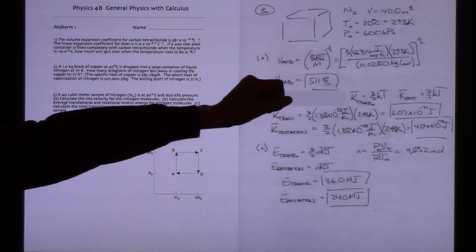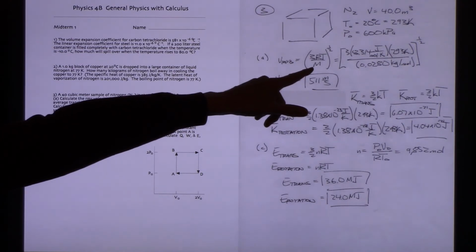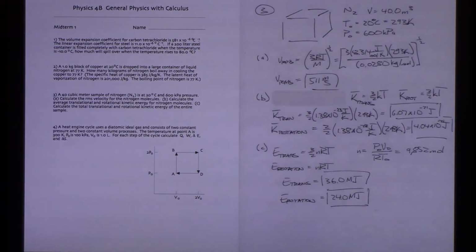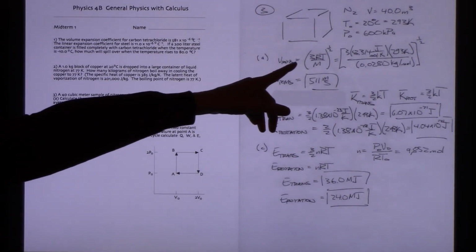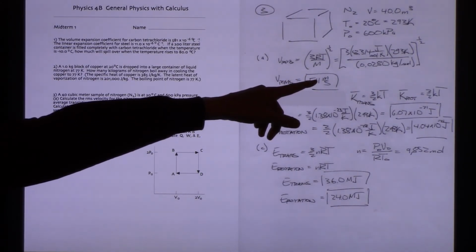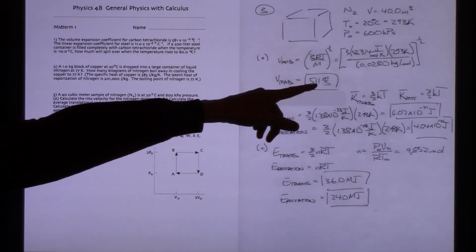So far, so good. But in the denominator, remember this is a molar mass, but that molar mass needs to be in standard units. And so I can't use grams per mole. I got to use kilograms per mole. So be clear with which formula you're using, and be clear with what the molar mass or the masses are going to be.